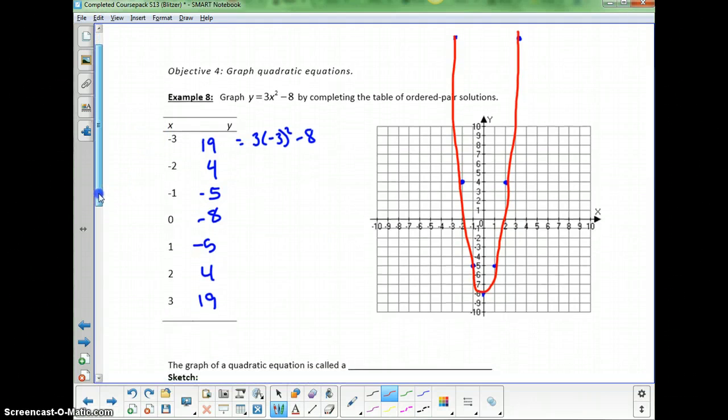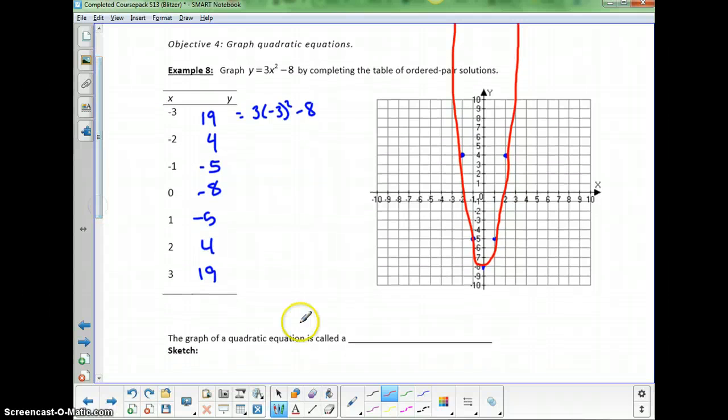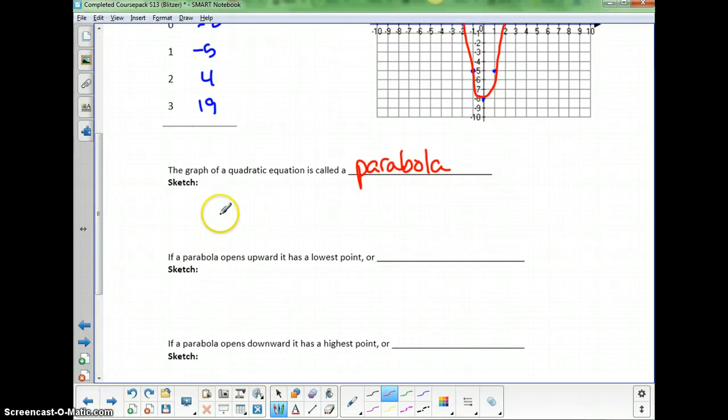So a couple of things to talk about this graph. First of all, the sketch of a quadratic equation, this shape right here is called a parabola. Okay, so anytime I have a graph that's going to be this U shape, it's a parabola. It could also be a U shape in the other direction. So those are just two different sketches of parabolas.